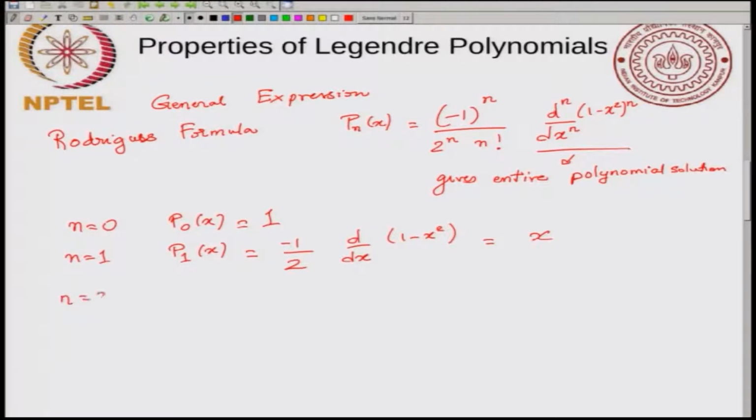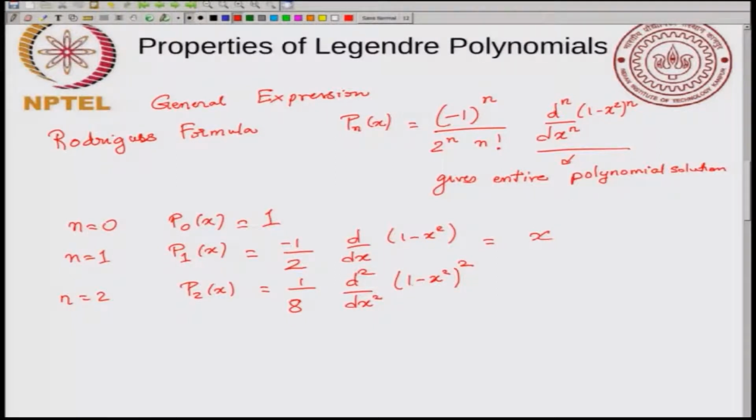n equal to 2, P 2 of x. Now, you have minus 1 square, which is 1, 2 square, that is 4, 2 factorial, that is 2. So, 1 over 8. Now, you have d square by dx square of 1 minus x square whole square, and you are taking the second derivative of this.